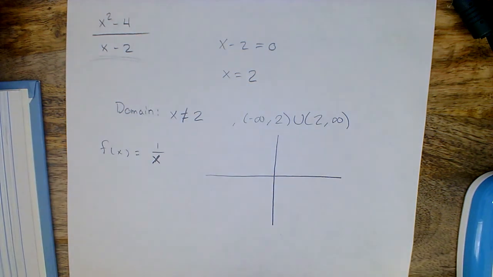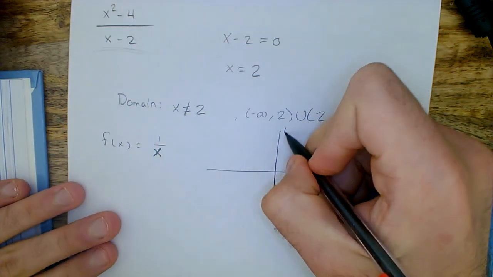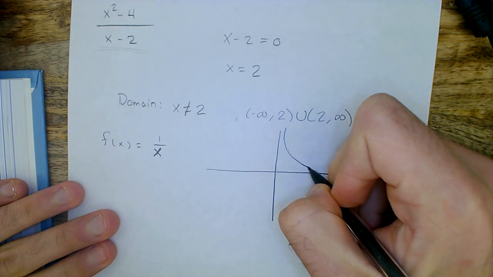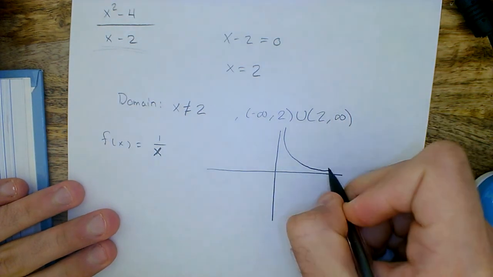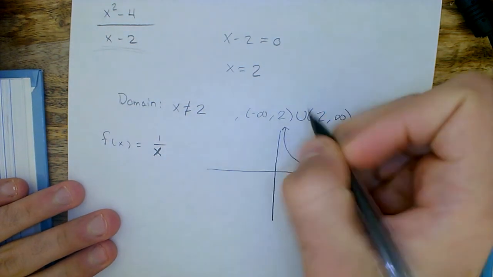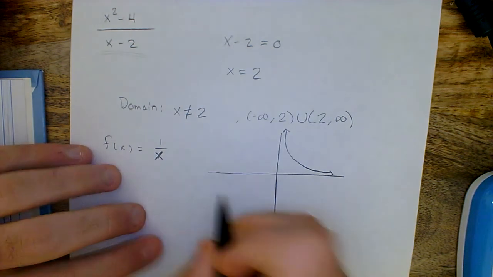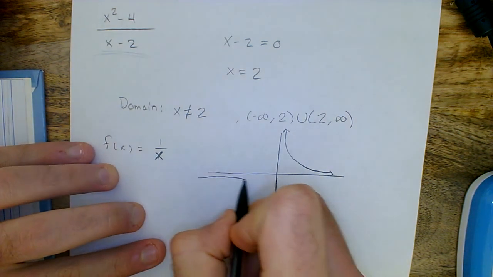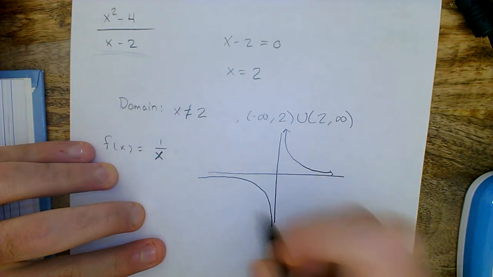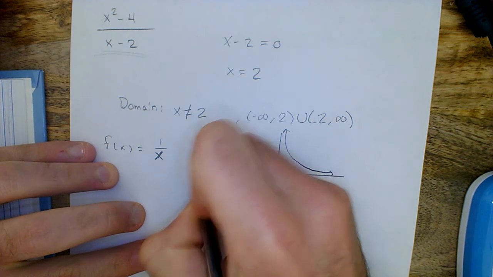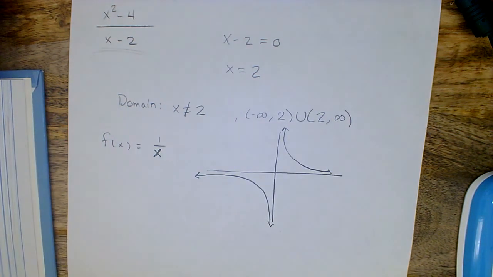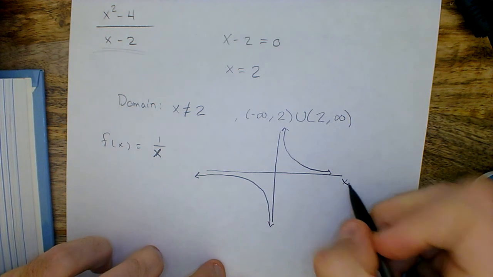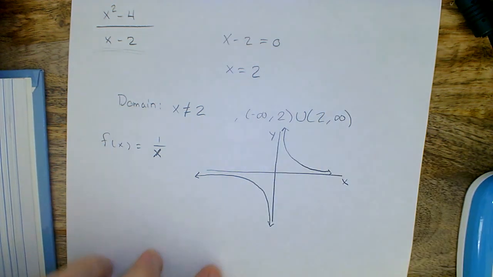The graph of 1 over x looks like this. That's our graph here. So this is x and this is y.